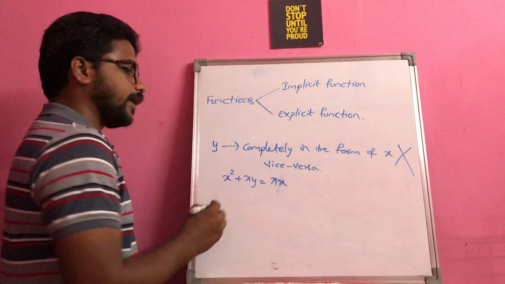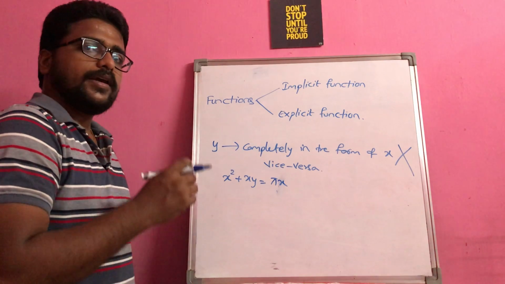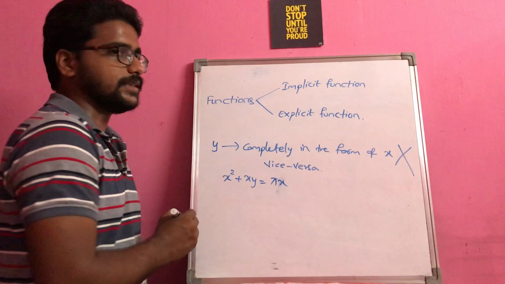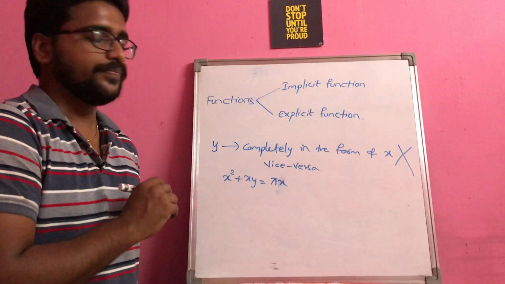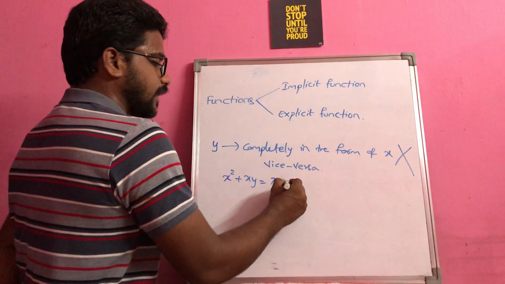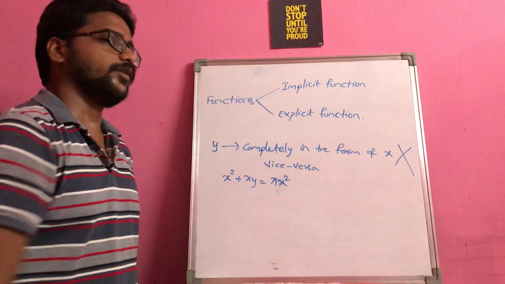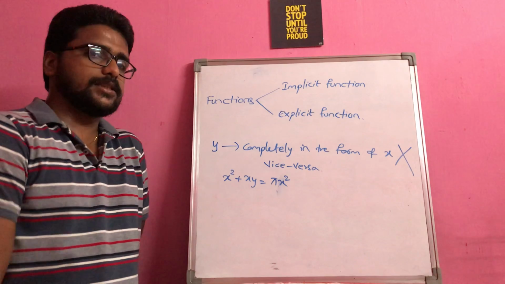If I ask you to find the value of x here, in all these terms you are having x as a common, you can cancel out the x here. So let us take this as something like pi x square. Okay. Now you can understand this part.